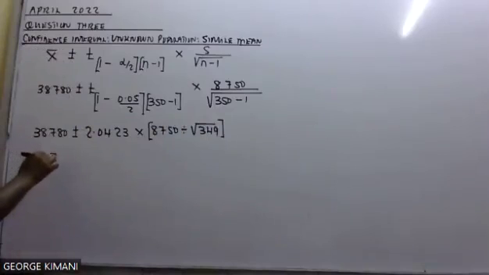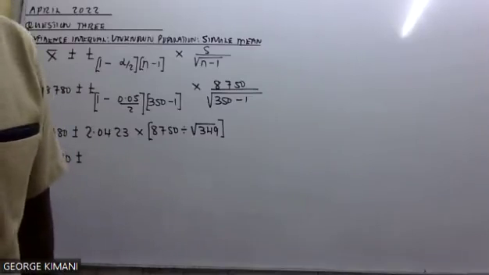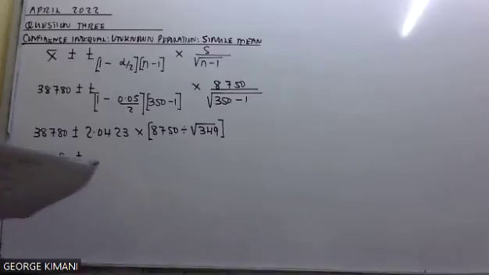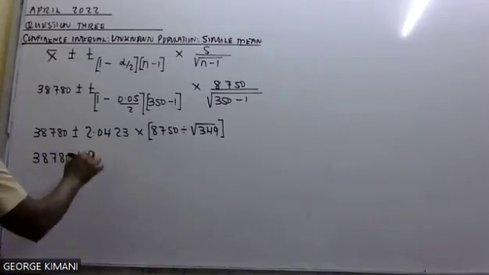So we proceed and say that 38,780 plus or minus, work out that and give you the answer. 956.